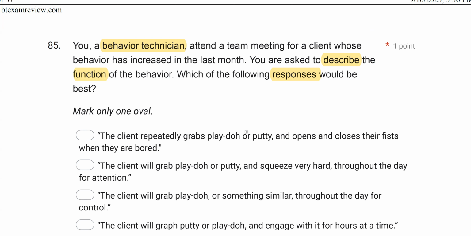If you read the question and understand the question, you're just trying to describe the function. So the only response you can pick is the one that contains the function. And the only response that contains the function is B. This is a very good teaching question, how you need to approach the exam. Understand the question first, simplify it, and it's going to become a lot simpler.